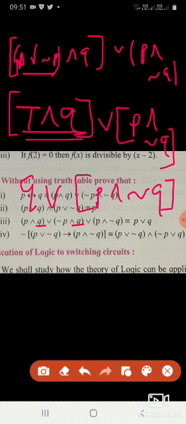Next, once again I open the bracket. That's why it is distributive law. Q and P or Q and negation of Q. Listen, Q and P, it is distributive law. Now Q and P, let it be. A statement or its negation, Q or negation of Q. A statement or its negation means we have to think about the complement law.